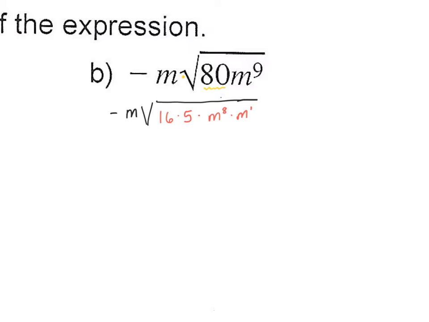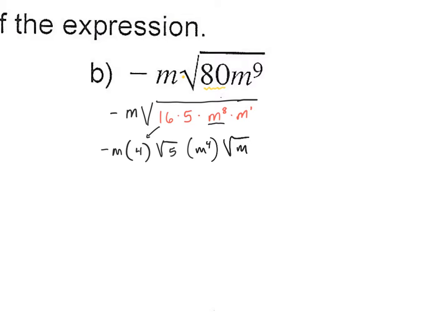Okay, so I'm going to have negative m times 4 because I just found the square root of 16. Then I'm going to have the square root of 5, and the square root of m to the 8th is going to be m to the 4th. And then I can't find the square root of m to the 1st, so that just remains under the radical.